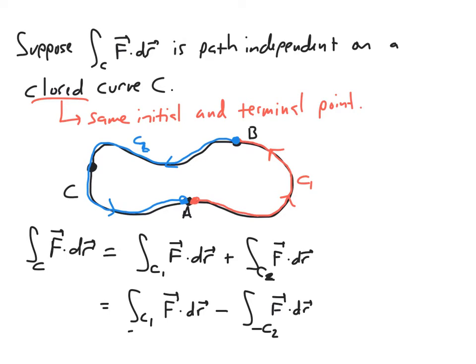And so these 2 integrals here that we're subtracting are both equal to the same value. We don't know what the value is. We don't really care. What we care about is that the difference is going to equal 0 by path independence. Right? So what we've seen here is that if we have a path-independent line integral on a closed curve, that line integral must equal 0.